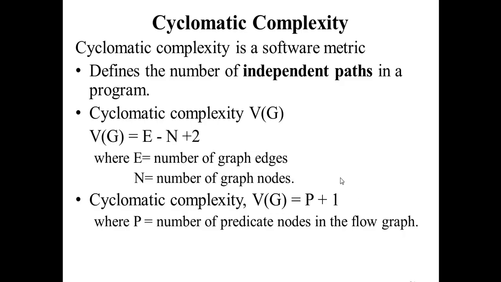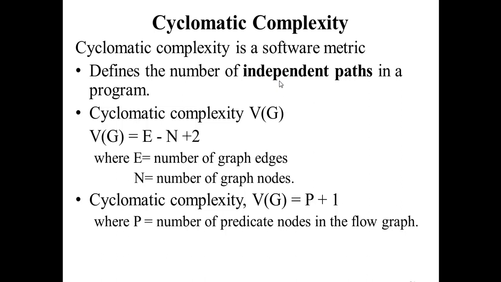Now the next concept that we have to understand is cyclomatic complexity. Cyclomatic complexity is the number which defines how many independent paths exist in the program. We have a formula to calculate the cyclomatic complexity, and based upon that, we can find out how many independent paths exist in the software.